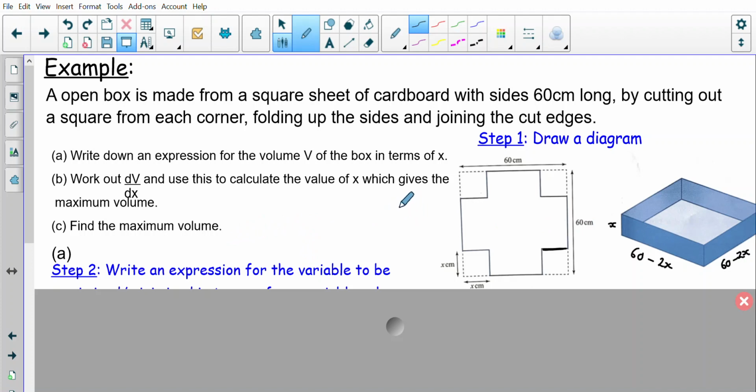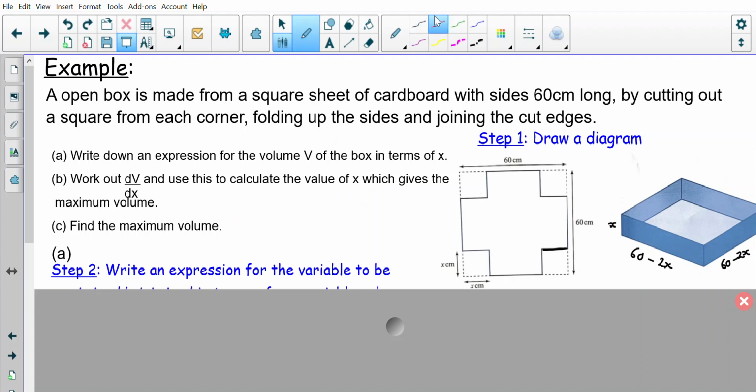If we read through what we're going to have to do, we need to find an expression for the volume of the box in terms of x, and then use differentiation to find the value of x which will give us the maximum volume, and then find the maximum volume.